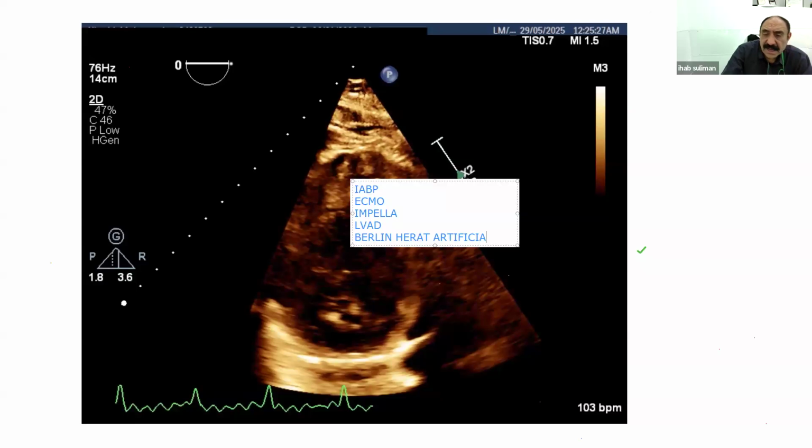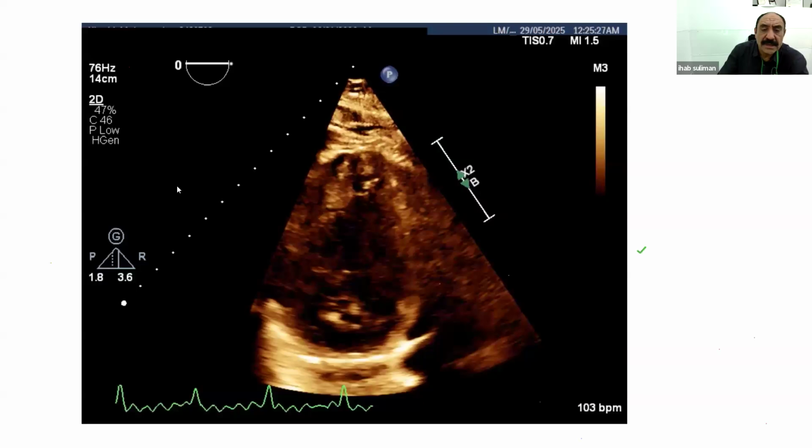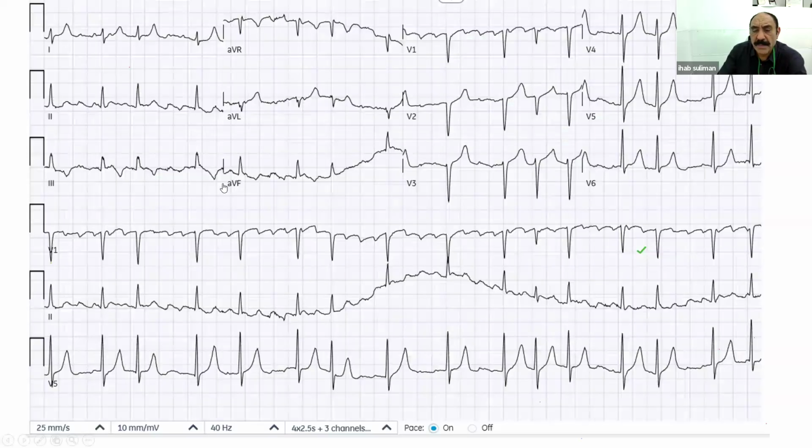So these are the mechanical circulatory support machines you need to attach your patient to when he is in severe cardiac failure, until it could be a bridge to safety or to recovery. And that has happened, and the patient is now recovering in a smooth manner.